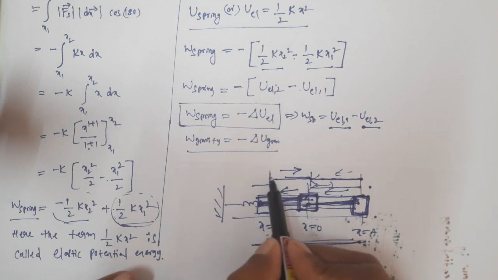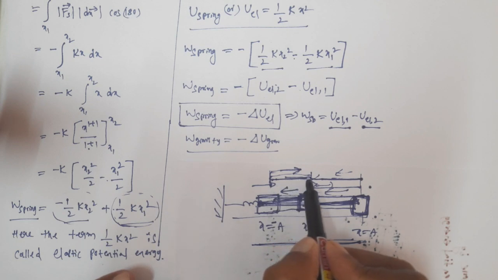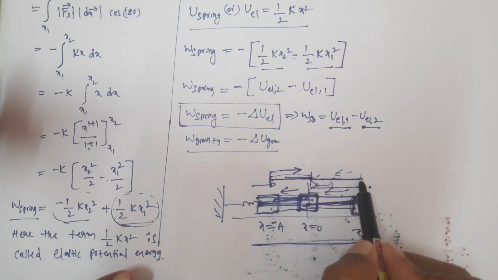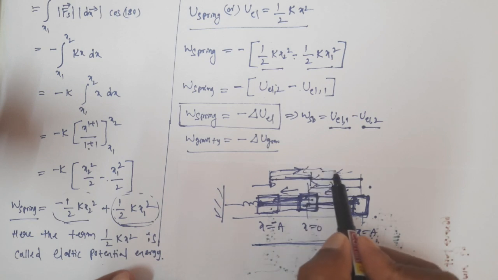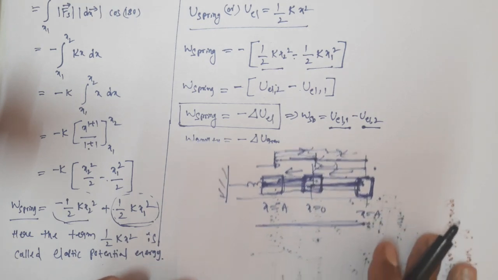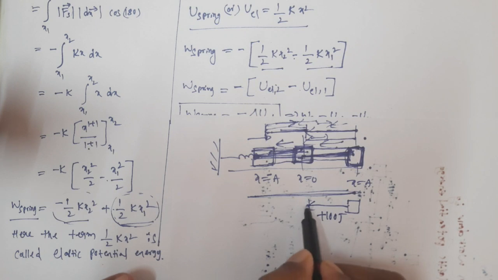And when the block moves from here to here, work done by the spring is positive, because the force exerted by the spring is this way and the displacement is also this way. And when the block moves from here to here, the force is this way and the displacement of the block is this way. So if the work done by the spring from here to here is plus 100 joules, then from here to here it is minus 100 joules.